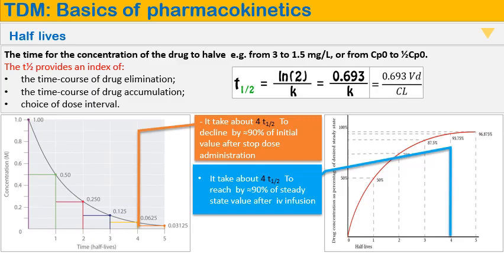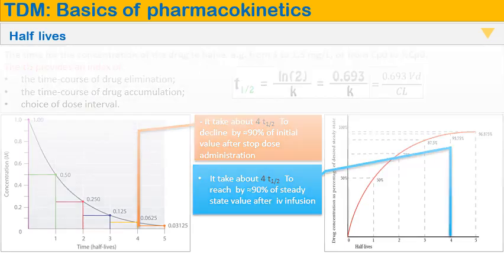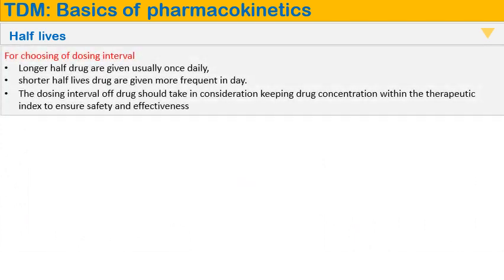أوكي. فهنا راح هذا الهالف لايف راح يحدد لنا التايم كورس of drug accumulation. زين. الفائدة to choose the dose interval. الدوز انترفال او time or frequency of dosing، very important should be determined so that the drug concentration will occur within the therapeutic window.